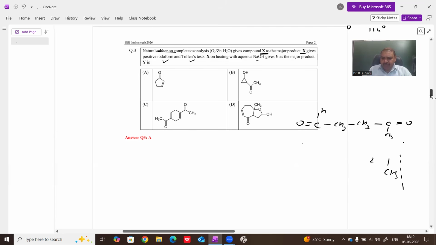Check the molecule. It gives Tollens test with the help of the aldehyde group, and it gives the haloform reaction with the help of the methyl ketone. This gives the iodoform or haloform test.